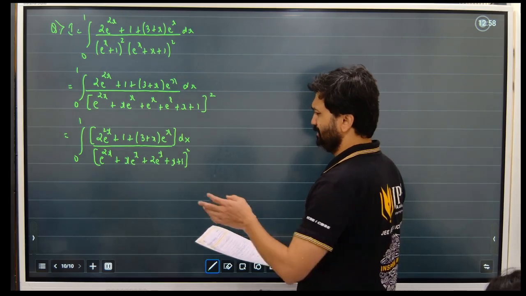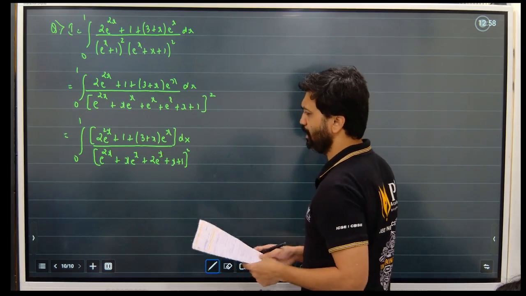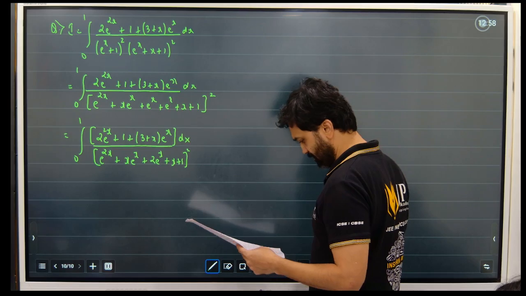Okay, if I take x common, it will become e raised to x plus 1. Depends on how we are going to solve after this.